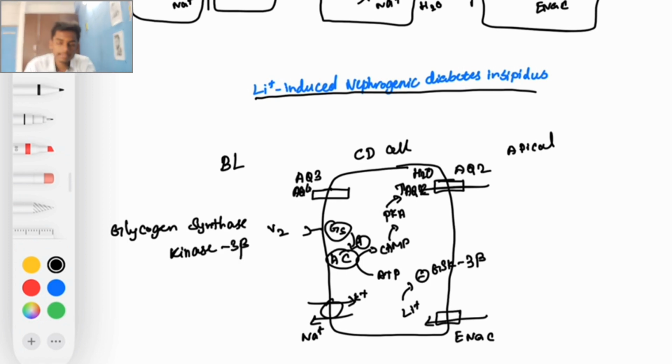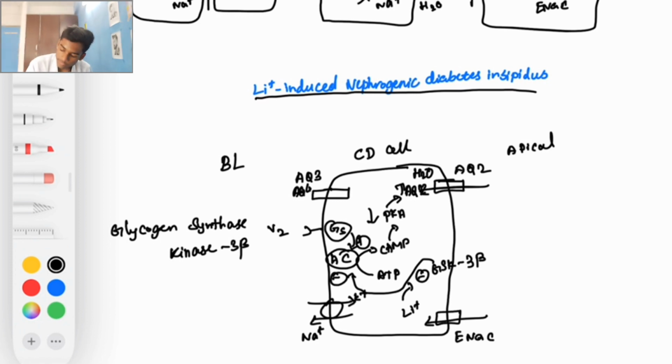When it is inhibited, there will be inhibition of adenyl cyclase. So because lithium is inhibiting GSK3 beta, there is inhibition of adenyl cyclase. Then there will be less protein kinase A formation. So there will be less aquaporin formation. So water cannot be reabsorbed. Water is excreted. So it is causing nephrogenic diabetes insipidus.